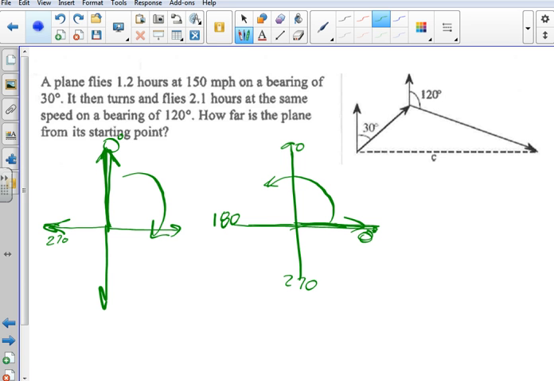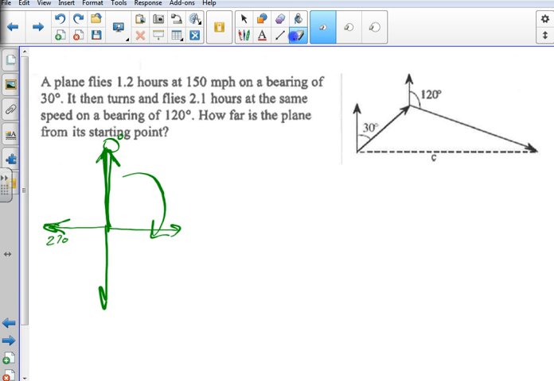So for this problem, we're not using the mathy way of doing things. We're actually using this. So initially, they're going in a bearing. So this is due north. They're 30 degrees east of that. And then they turn to 120 degrees to the east, or rotating to the right of north.